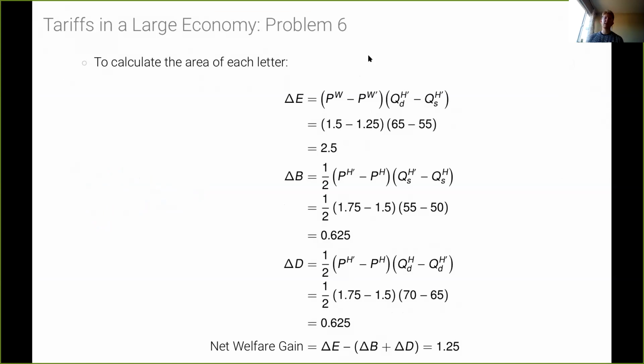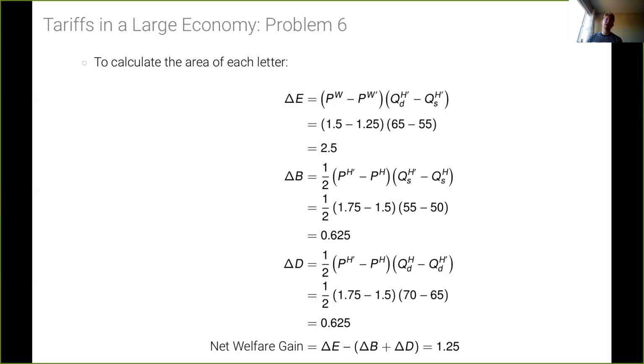And so it's possible that the additional government revenue gained from applying that tariff to the lower price is going to outweigh any deadweight loss that's borne by consumers. This shows that for large countries, it might actually be welfare maximizing to apply tariffs, even though for the case of small countries, it never will be.